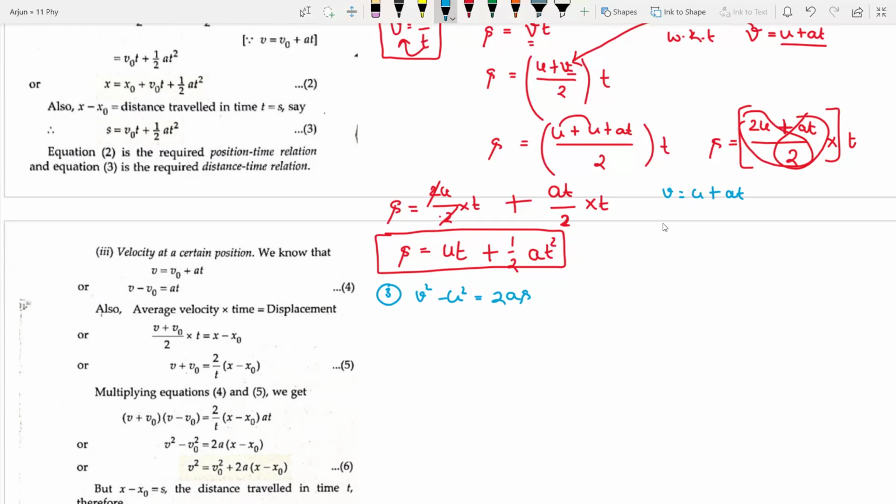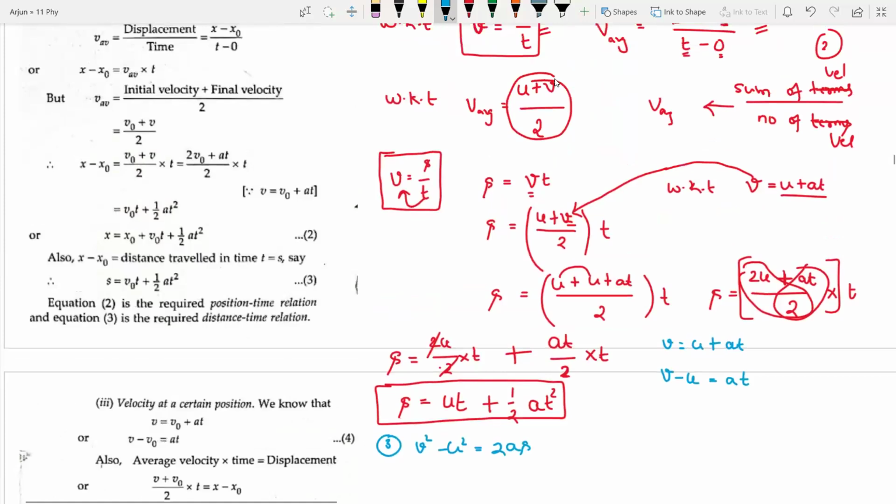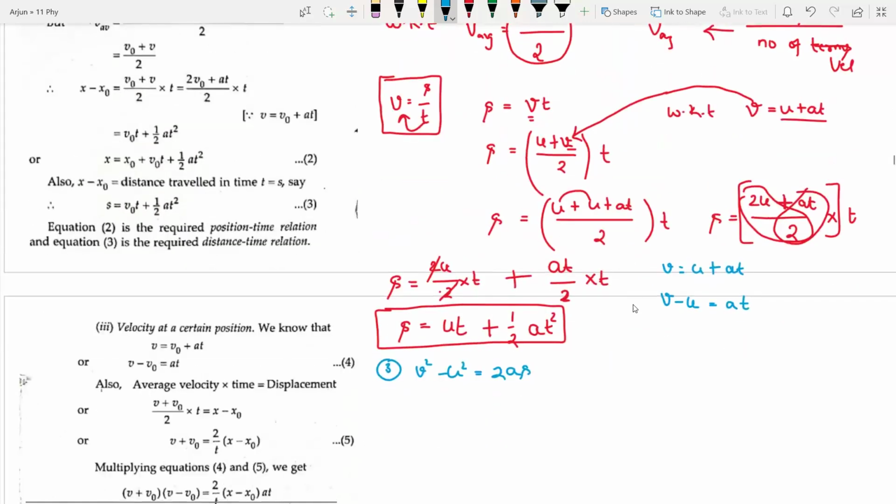From this, send that u that side, it becomes v minus u is equal to a into t, right? Now, we also have another formula. What formula? Average velocity. What is the average velocity formula? Here we have already seen this average velocity, u plus v by 2.